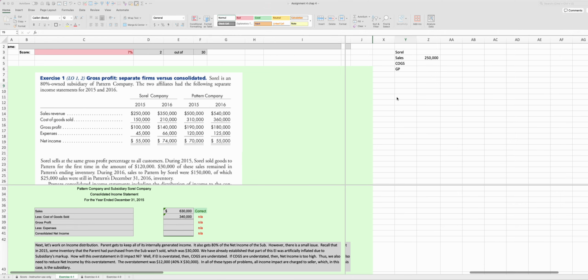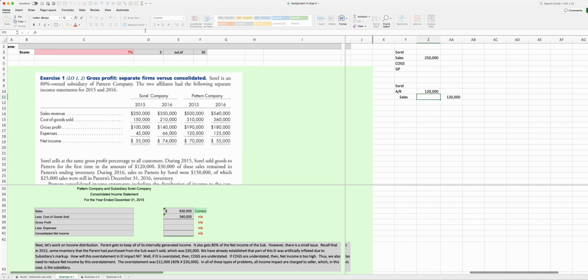Let's analyze what would have happened individually for these companies when they made these sales. When Sorel sold some items to its parent company, it would have recorded some sales revenue, and this would have been $120,000. That was the easy part, right?